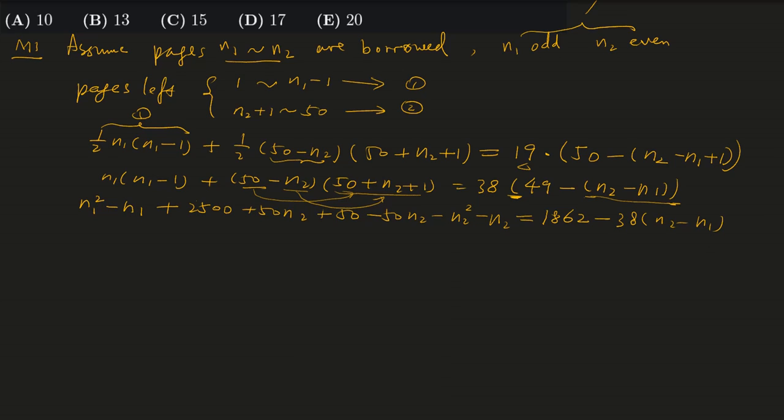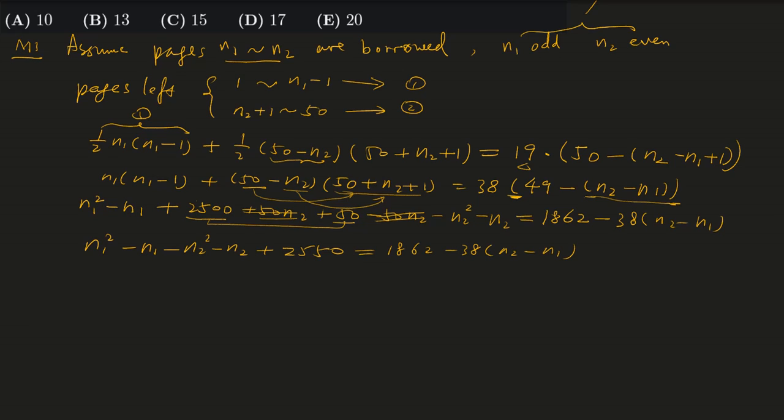So the left hand side has n1 squared minus n1 minus n2 squared minus n2, then plus the sum of these two terms, right? These two terms cancel out. So plus 2550. That equals 1862 minus 38 times n2 minus n1.